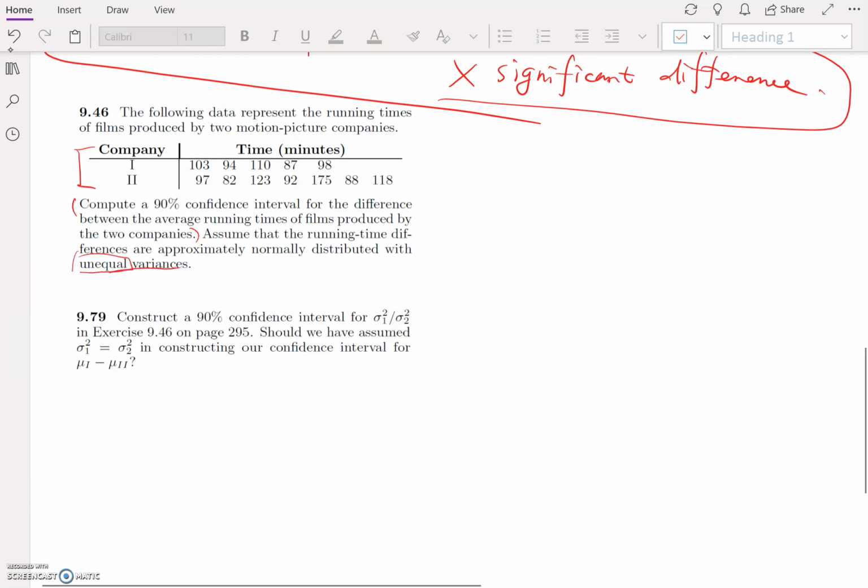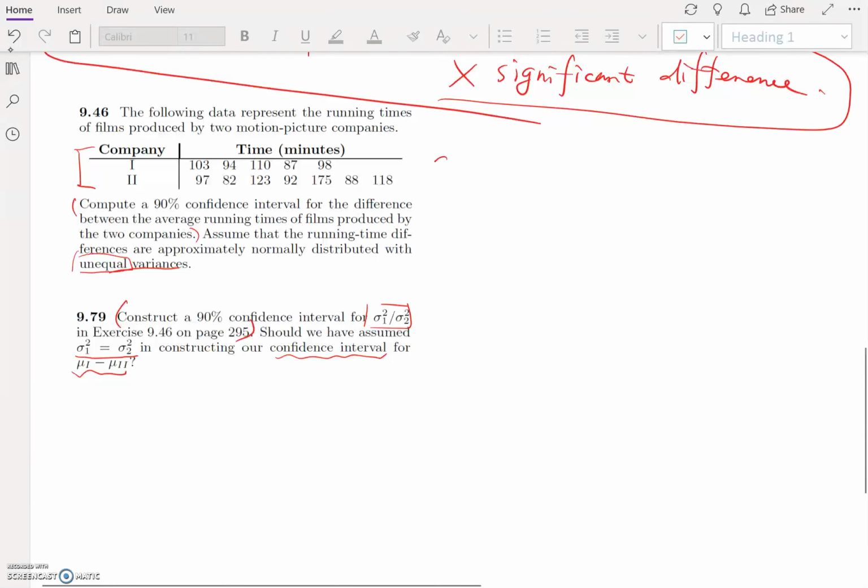That's the assumption. Construct a 90% confidence interval for sigma 1 squared divided by sigma 2 squared. In this problem, should we assume sigma 1 squared equals sigma 2 squared when constructing the confidence interval for mu1 minus mu2? Okay, we'll just focus on this problem.